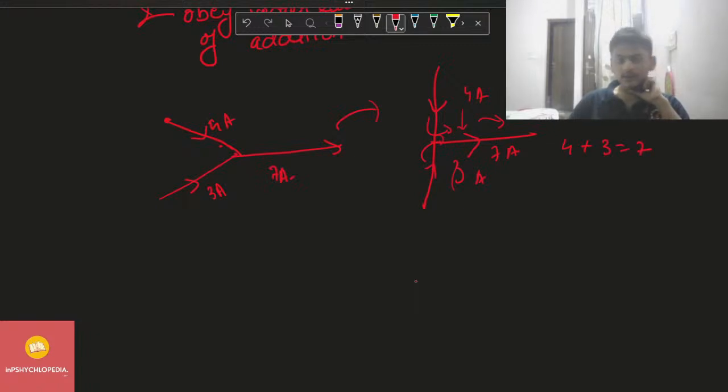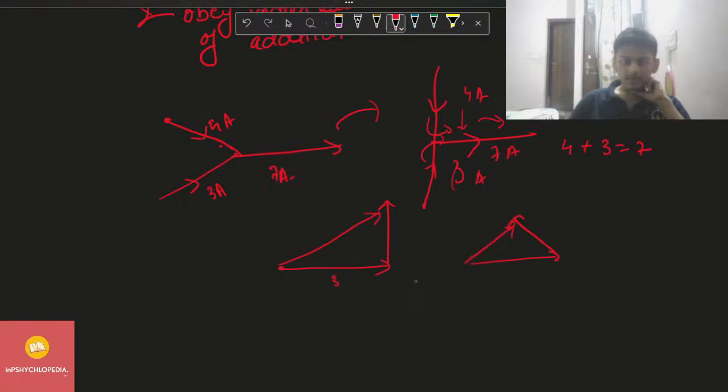But in the case of, let's say, displacement, here displacement is like this. Let's say a body moved from here, then here. The displacement will be this. And if a body moved from here and here, the displacement will be that.